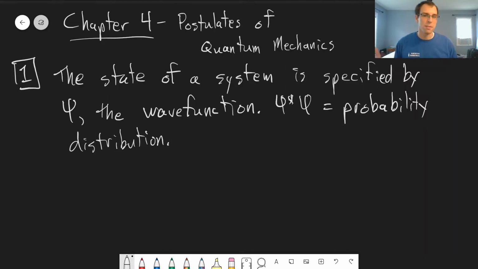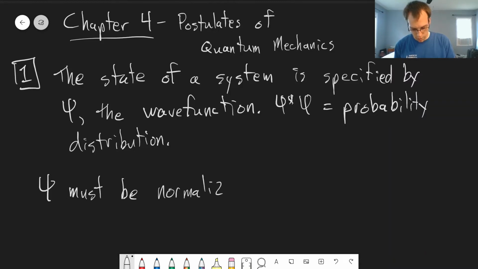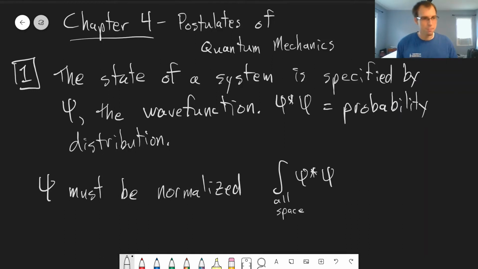Now there are some properties of the wave function that are part of this postulate. Number 1 is that psi must be normalized. We've seen this idea already: the integral of psi star psi, with limits on this integral of all space.